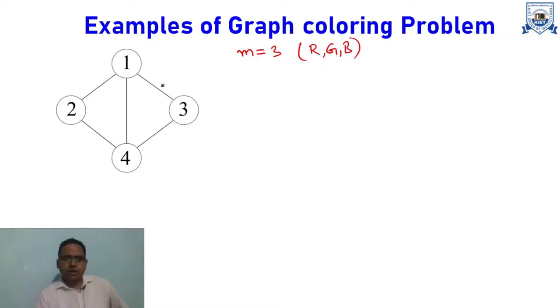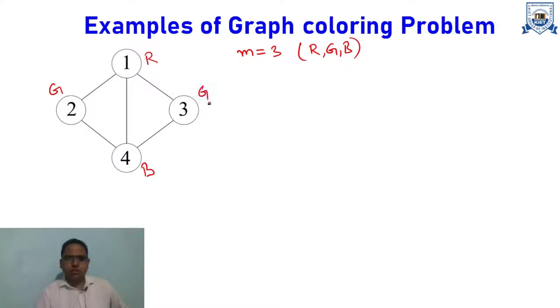Let's try to color. If I color node 1 with red, then node 2 can be colored with green, and node 4 can be colored with blue. Now, which color can we use for node 3? We can't use red because it will become adjacent, and we can't use blue for the same reason. The only choice left is green.